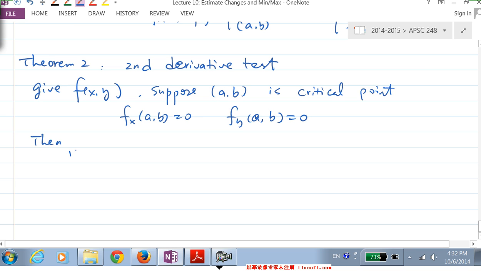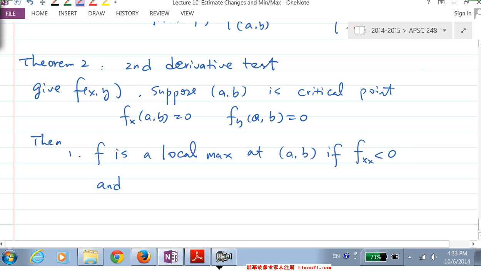So the first rule is, f is a local max at this A, B if fxx less than 0 and fxx fyy minus fxy squared greater than 0 at A, B.